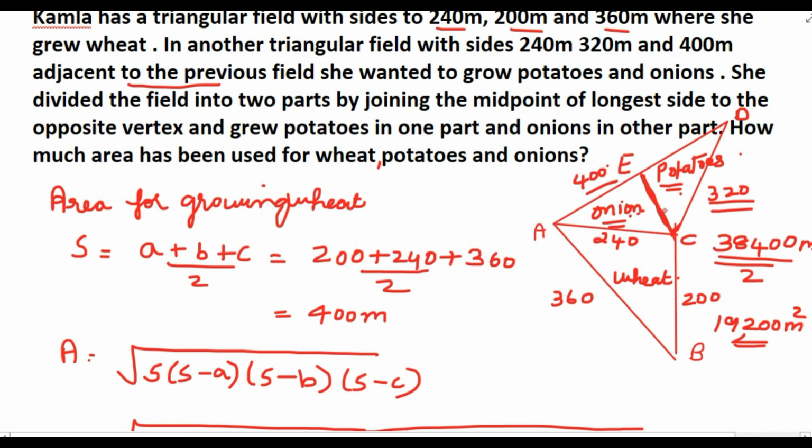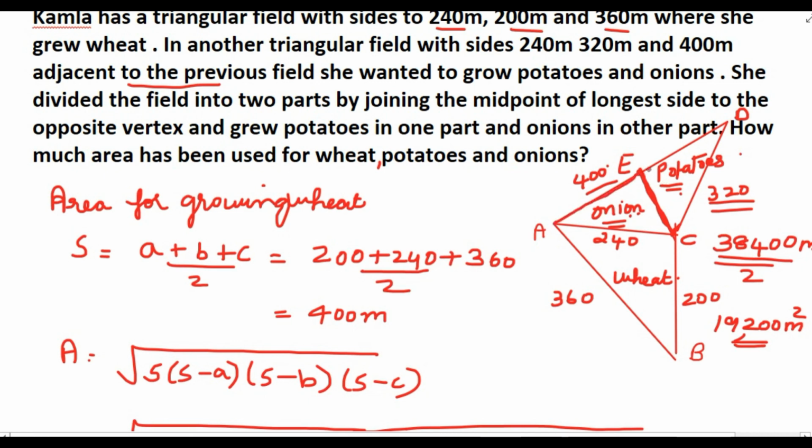Here we have joined the line segment from the midpoint of AD, that is, the midpoint of AD is E. So we have joined the line segment from E to the opposite vertex of this triangle, that is C. So actually these two triangles have equal bases.